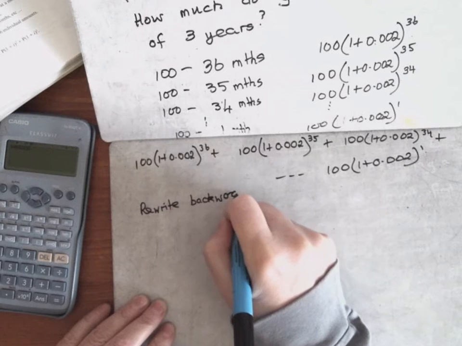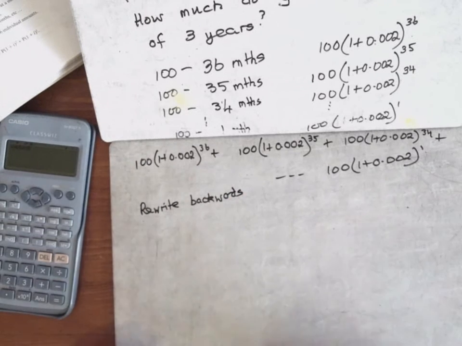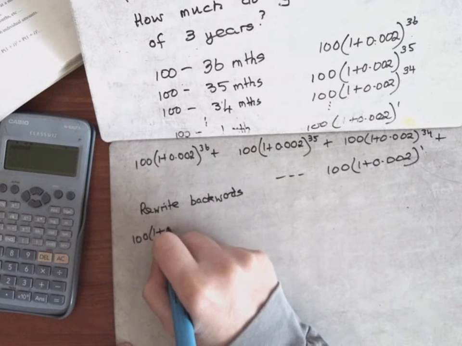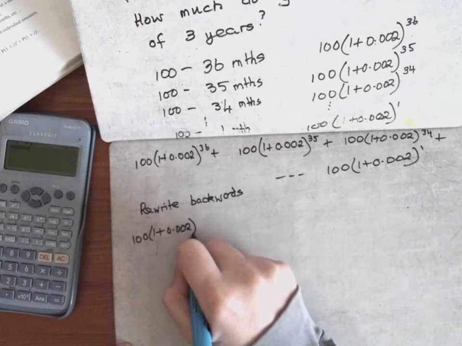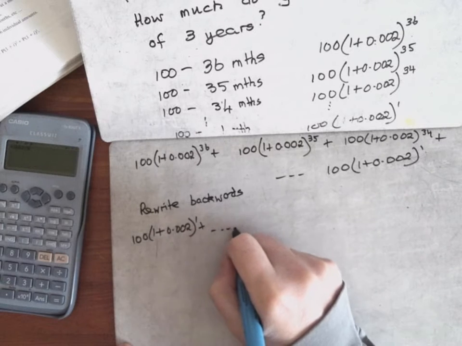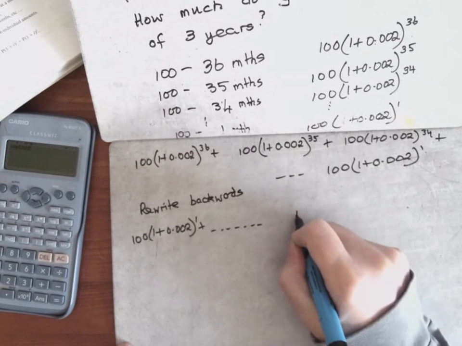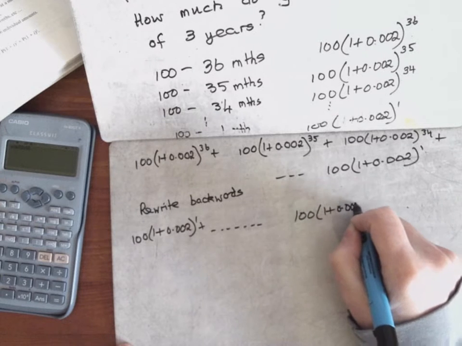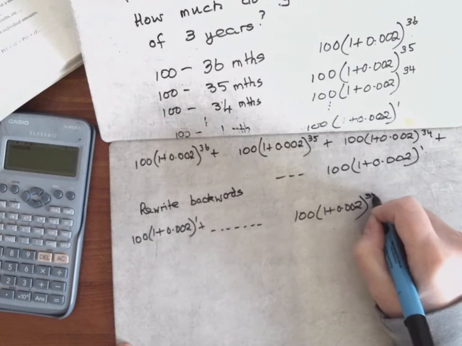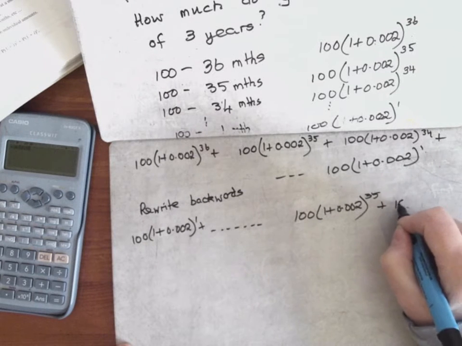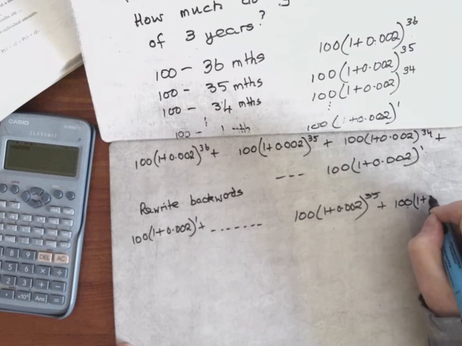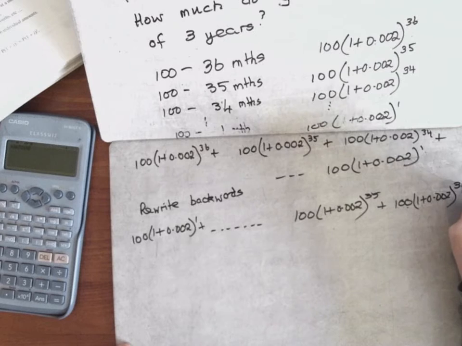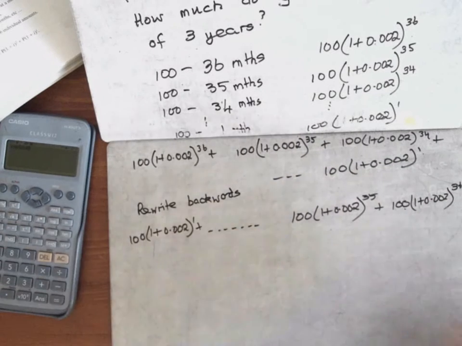The total money in your account is 100 times (1 plus 0.002) all to the power of 1, plus dot dot dot, I'll just write the last few, 100 times (1 plus 0.002) all to the power of 35, plus 100 times (1 plus 0.002) all to the power of 36. To find out how much is in my account now, I need to add up all those.